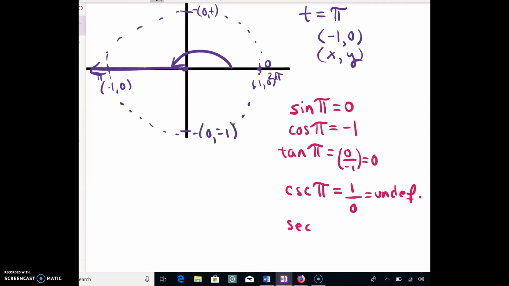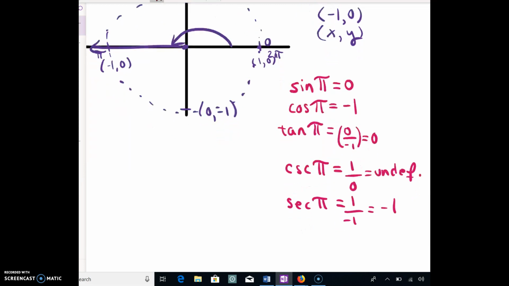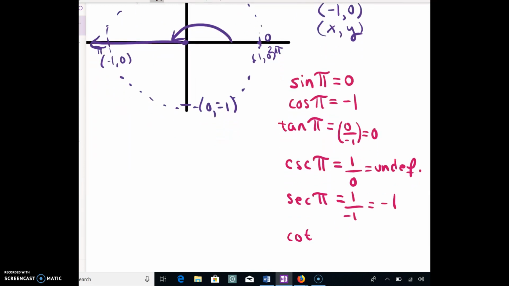For the secant of pi, the definition of the secant is 1 divided by x. So that's the same thing as saying 1 divided by negative 1. So the secant of pi is negative 1. For the cotangent of pi, it is the same thing as saying our x value divided by our y value. So we have negative 1 divided by 0, which is again 0 in the denominator, so it's undefined.